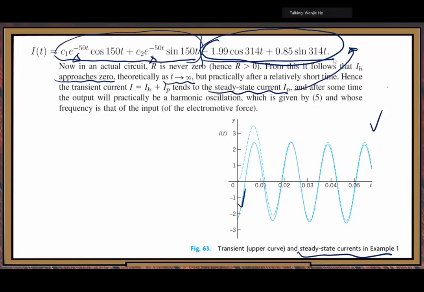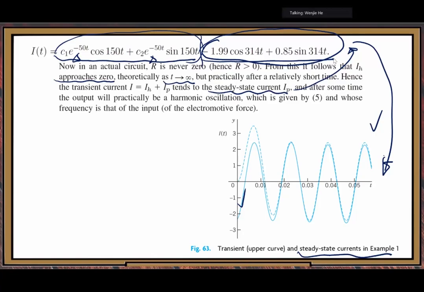Actually, at that time I didn't understand either, but after this example, now we understand. Just the IP part, that's the steady state.